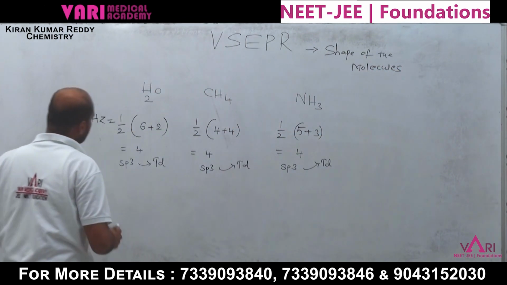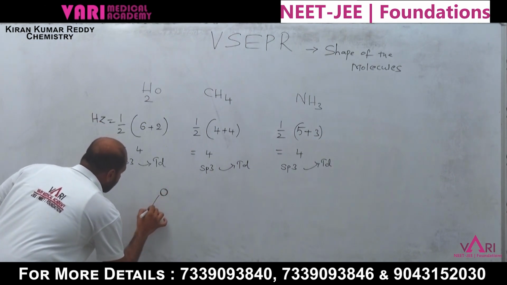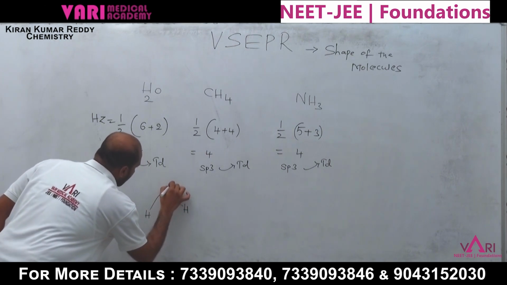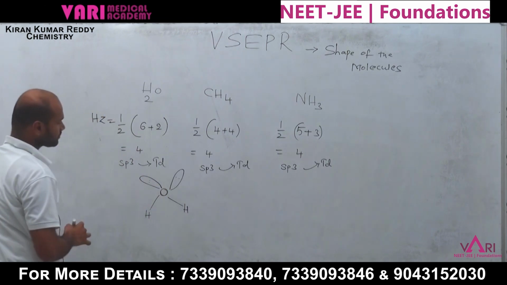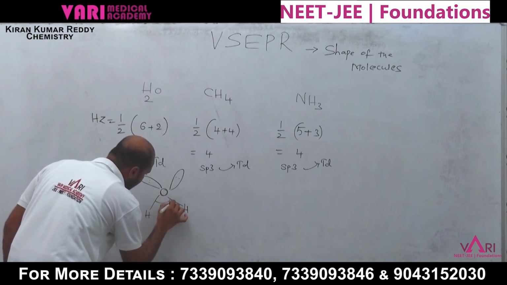Now I am writing the structure, the water structure. Here is the central atom oxygen, here is one hydrogen atom, here is one hydrogen atom, and one lone pair here, also one lone pair here. The bond angle is 104 degrees.